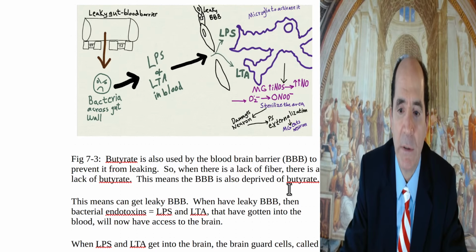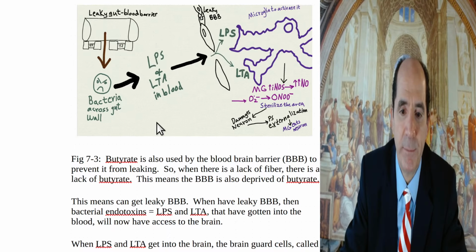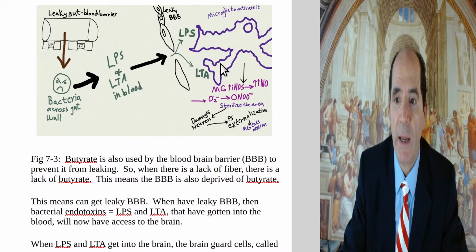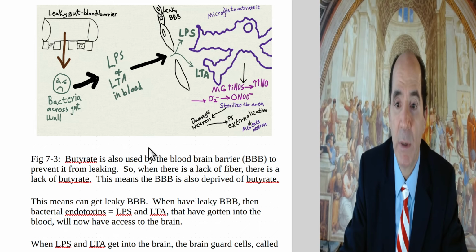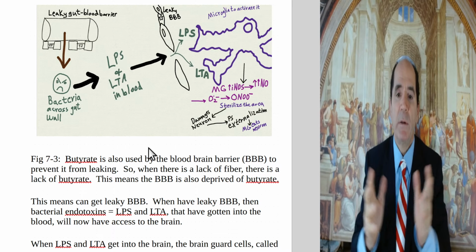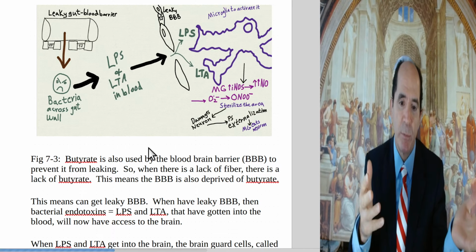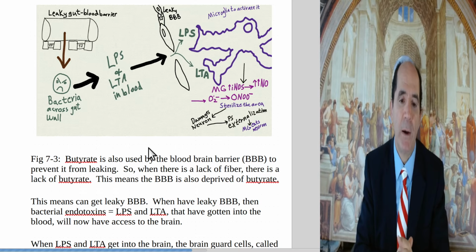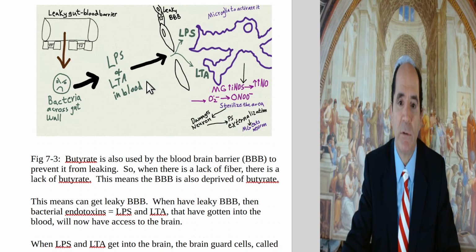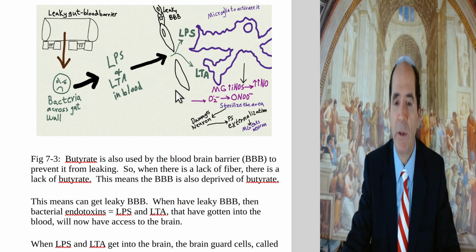Okay, other bad things that happen when you've got leaky gut. Bacterial endotoxins go up to the brain, to the blood-brain barrier. Because you have gut barrier leakage, you'll often have blood-brain barrier leakage because they're both dependent on butyrate, coming from the dietary fiber. And now these bacterial endotoxins can get some access to the periphery of the brain.